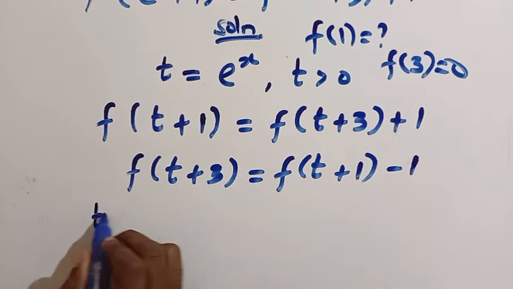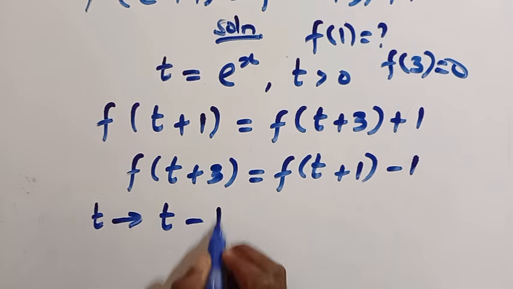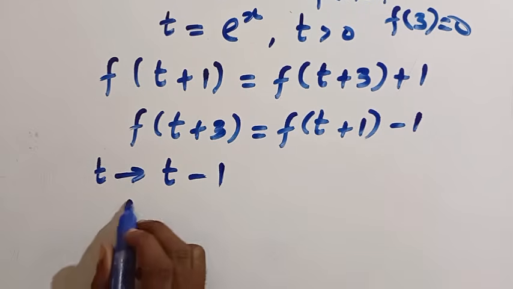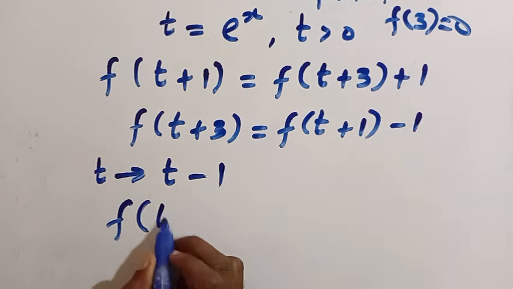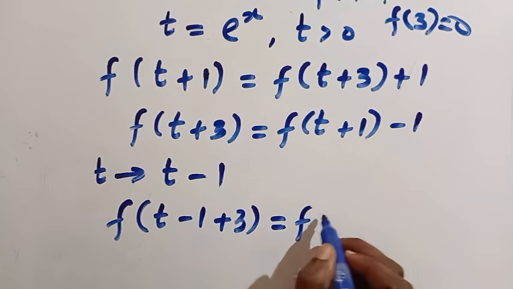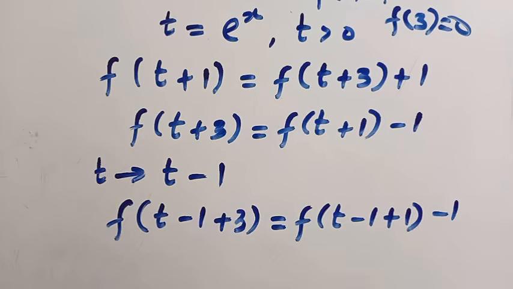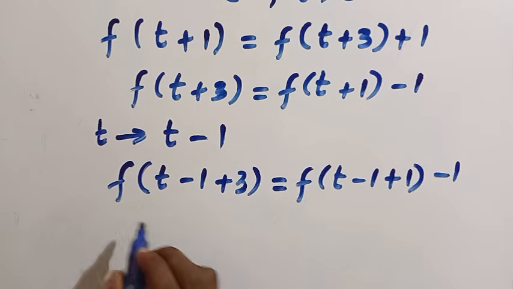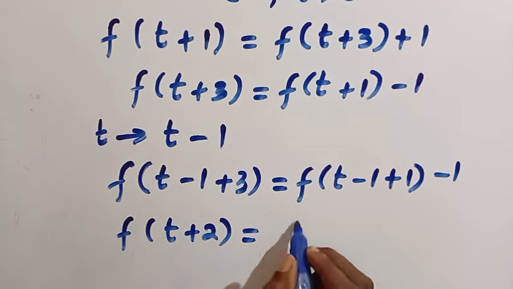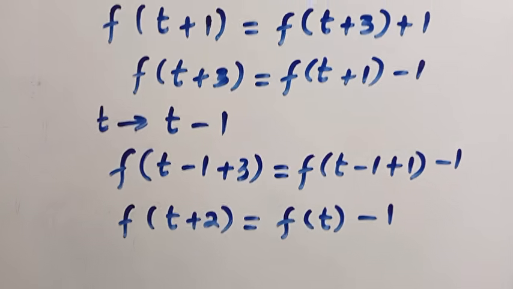If I let t equal t minus 1, this will reduce faster. Then we have f of t minus 1 plus 3 equals f of t minus 1 plus 1, minus 1. And with this, we have f of t plus 2 equals f of t minus 1.